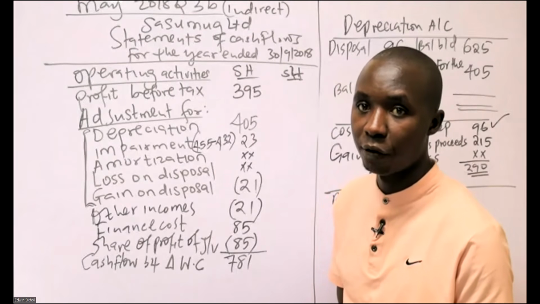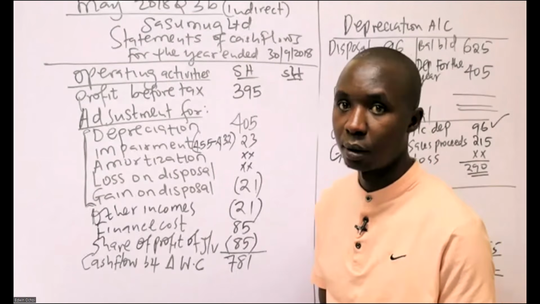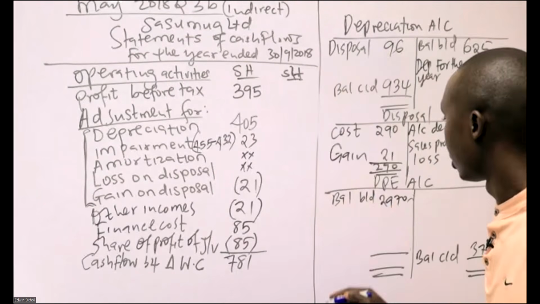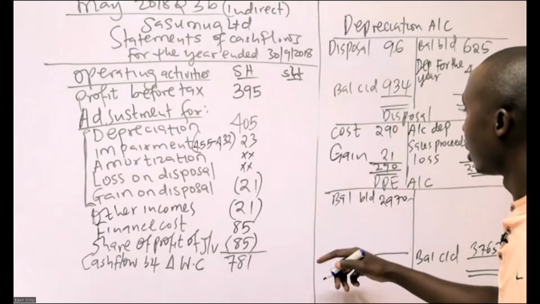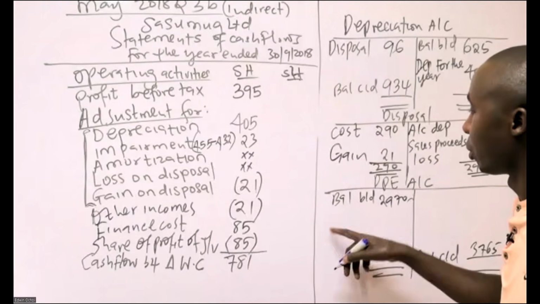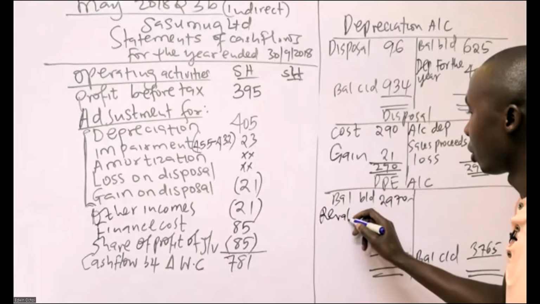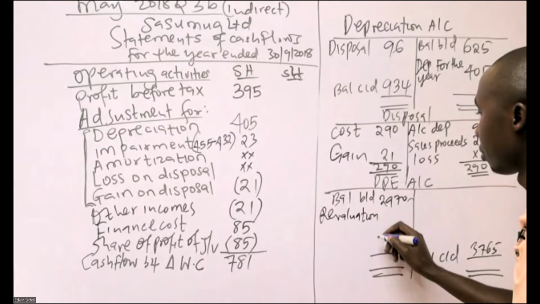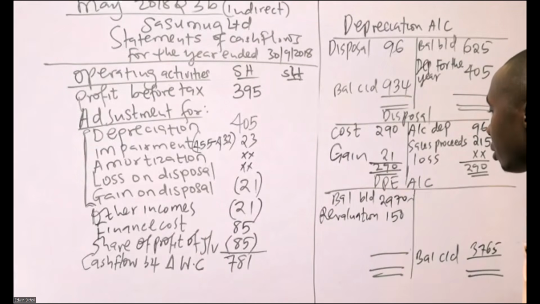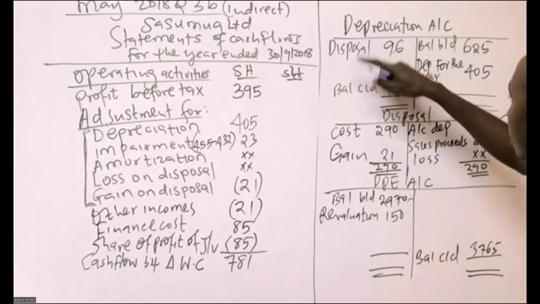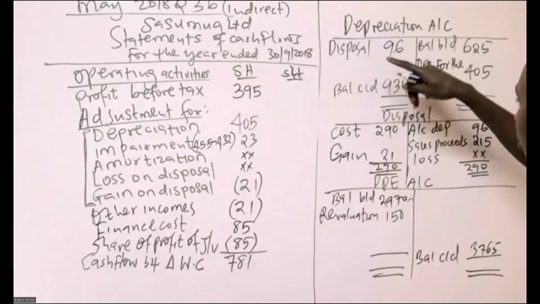So revaluation will affect the asset. Which means that we'll debit the asset account, we credit the revaluation reserve account. So the revaluation is 150.